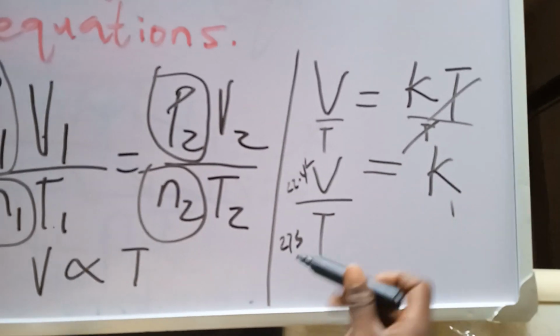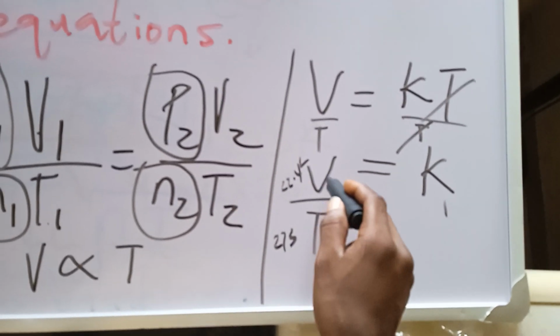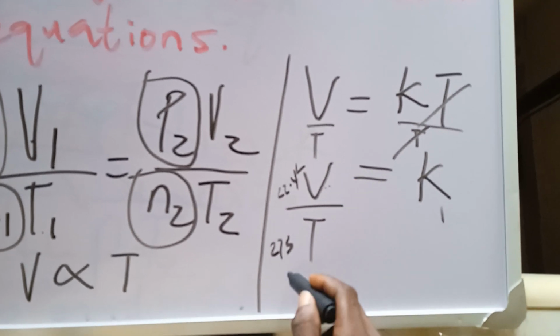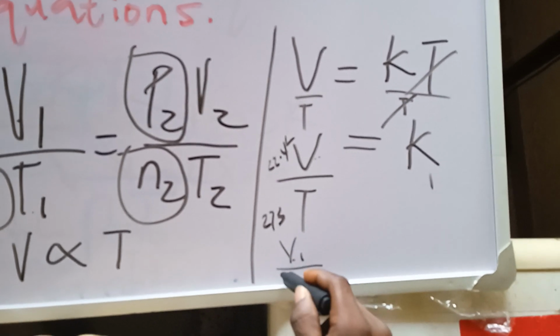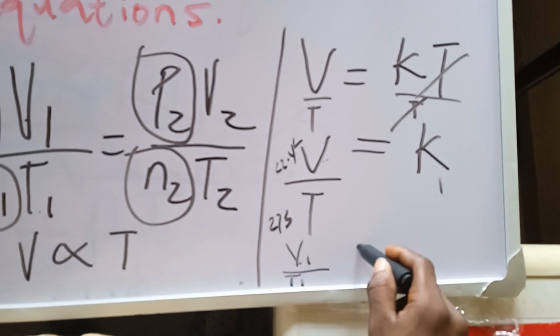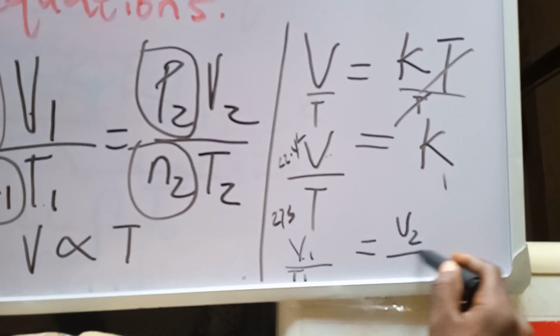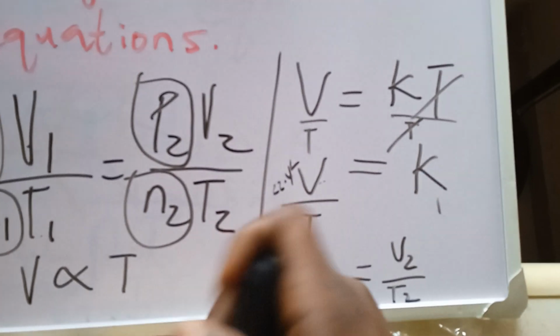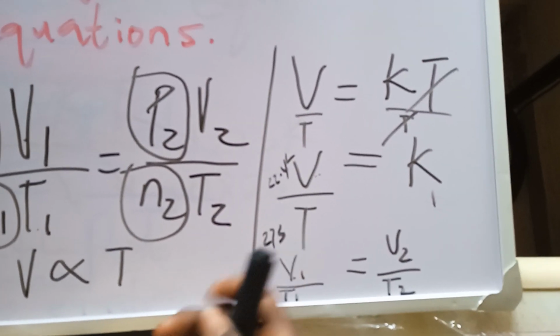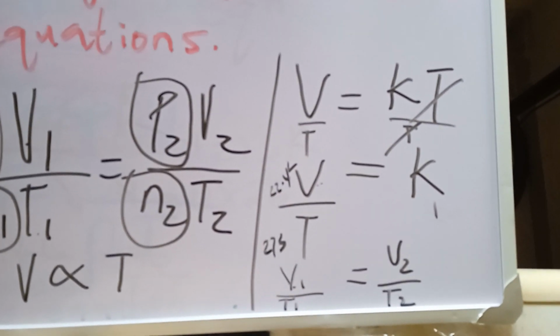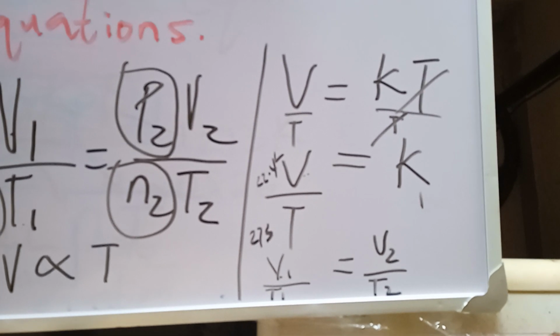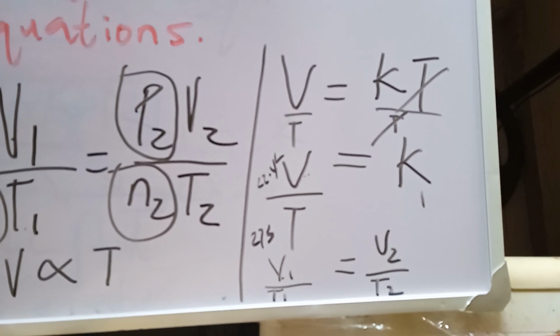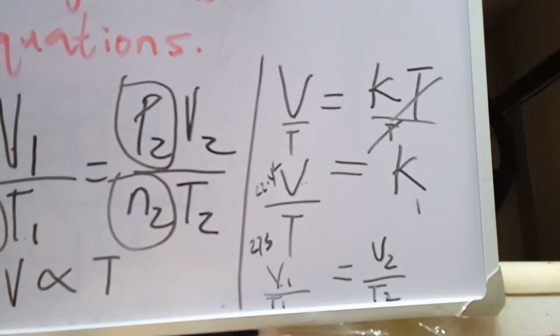In a closed system, the volume before must equal the volume after. So we have V1 over T1 equals V2 over T2. That is Charles' law. Just know that Charles' law is the one that relates volume to temperature. Any question you have about gases where you see only volume and temperature, know that it's talking about Charles' law.